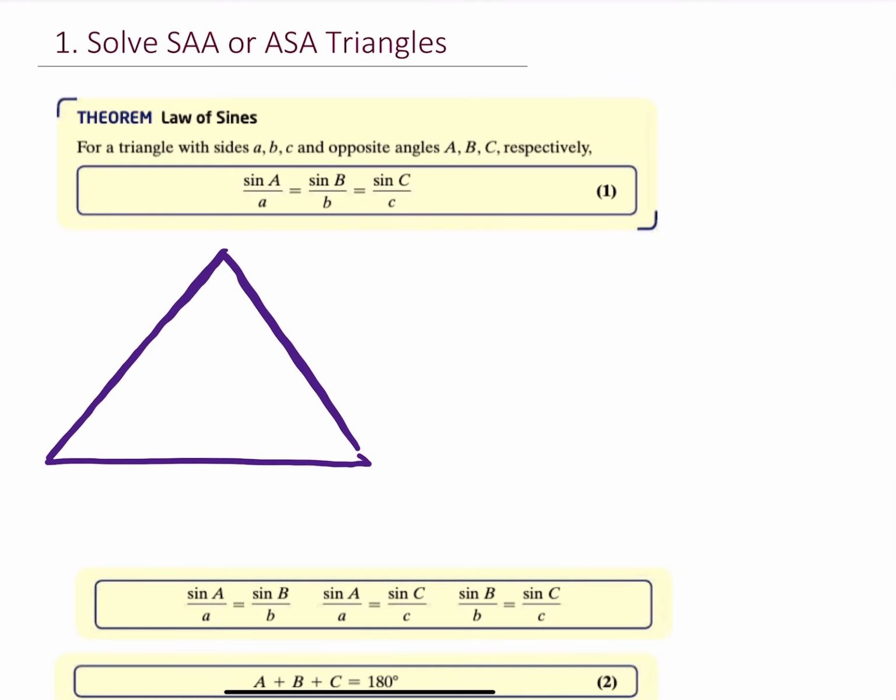And let's call this angle A. So that would make this opposite side side length A. We can call this angle B, so this would be side length B, and let's call this angle C, so this will be side length C. So it's saying that the sine of this angle divided by its opposite side length should be equal to the sine of, say, this angle divided by its opposite side length, or any other combination of those. So let's show how this would be true just for one of these cases, and then we can apply the same idea to the others.